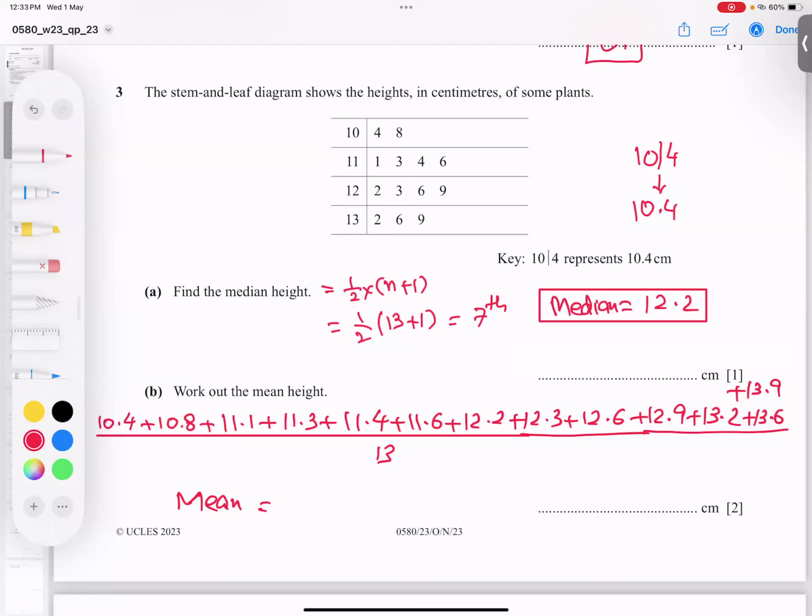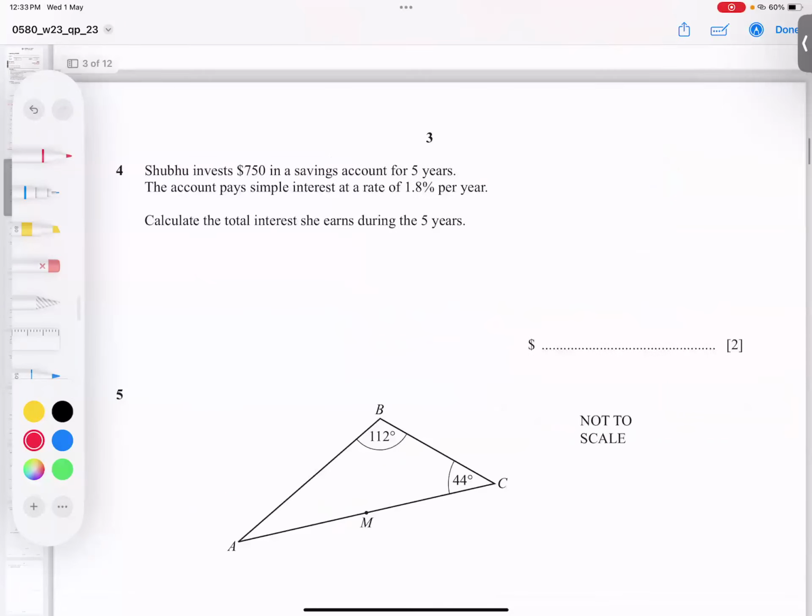It is giving me the sum of 157.3 over 13. And if I divide this by 13, the answer is coming as 12.1. So I believe this point is very, very clear. Let's go for the next question.